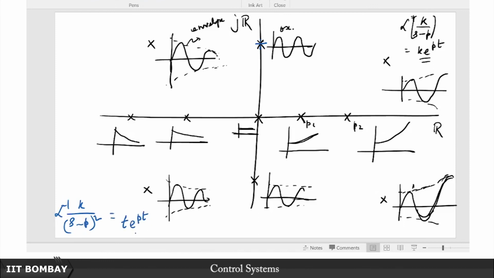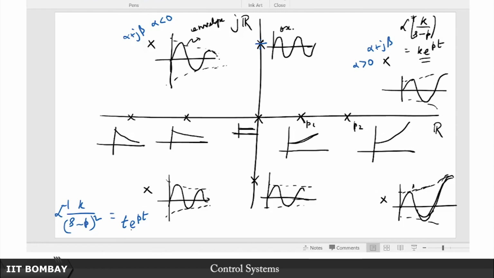Now you see, if this p is a complex number on the left half plane, then there is still a decaying part to it. So this is some alpha plus j beta where alpha is negative. This is some alpha plus j beta where alpha is positive. So even if you have multiple poles on the open left half, which is to say excluding the imaginary axis, or the open right half, the qualitative behavior insofar as stability is concerned does not change.